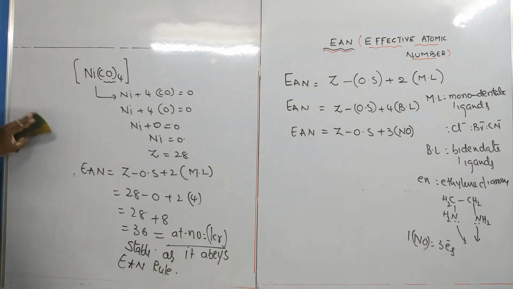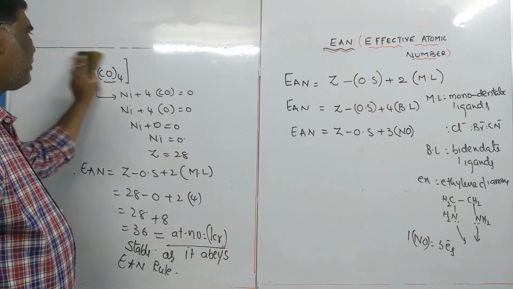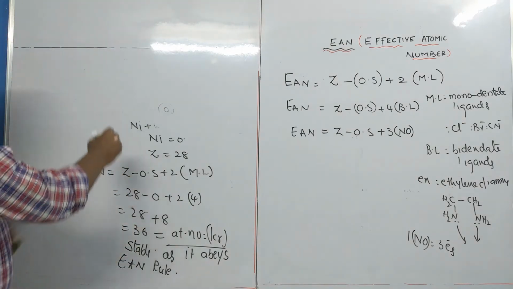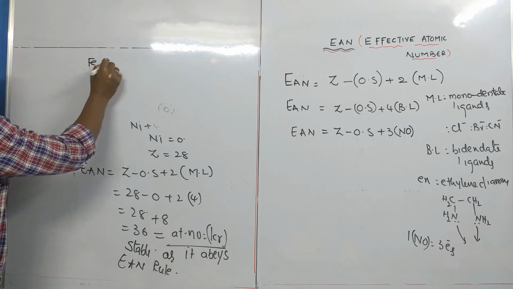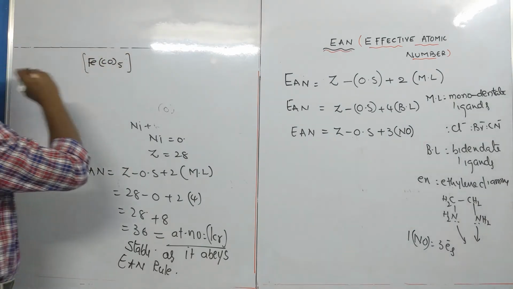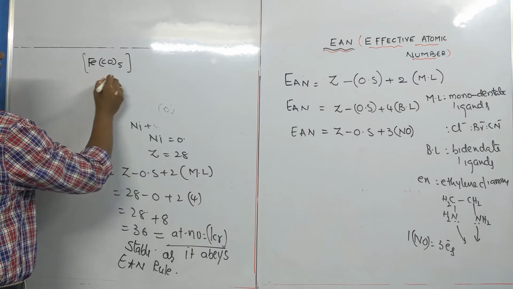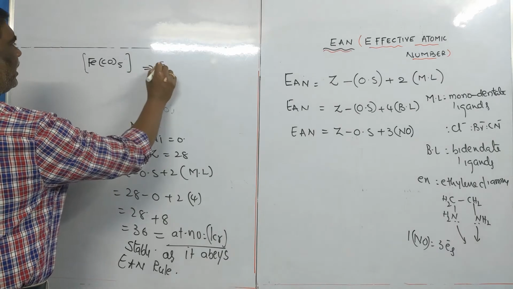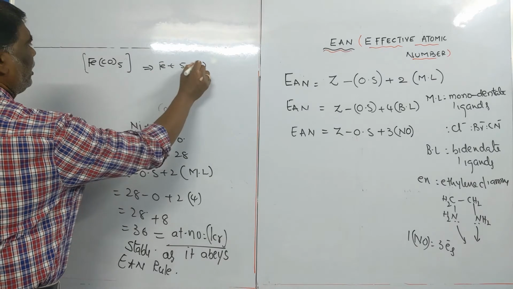Now let us go to the next example, Fe(CO)5. For this one also, first you calculate the oxidation state for iron with 5 CO molecules.